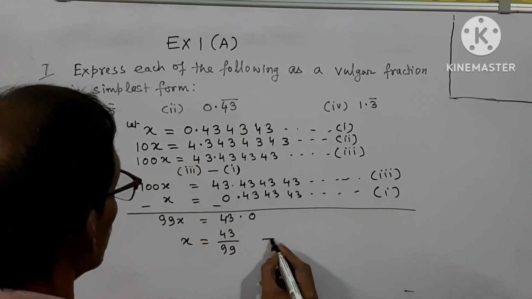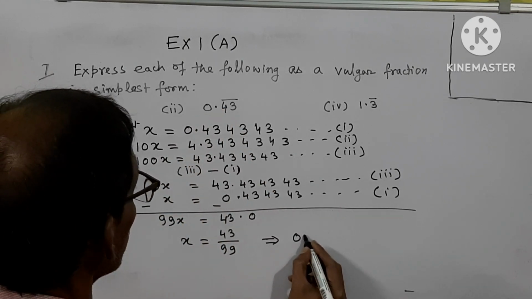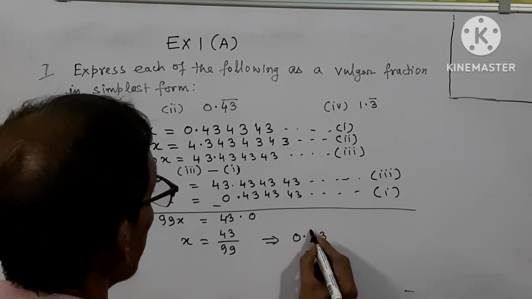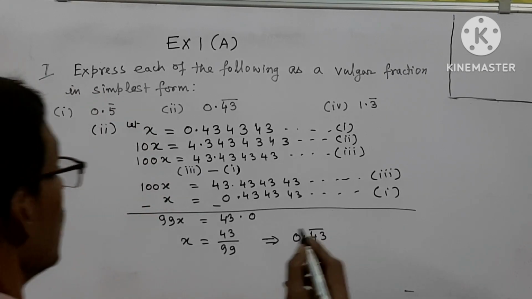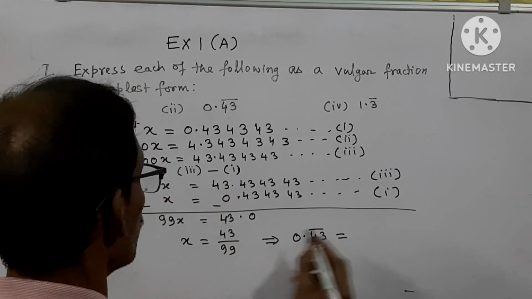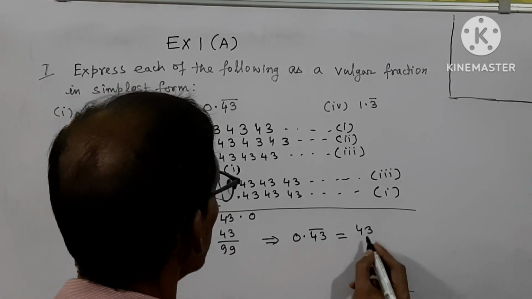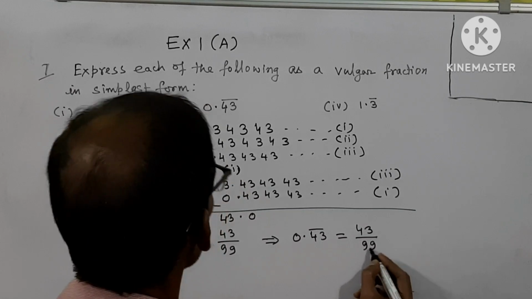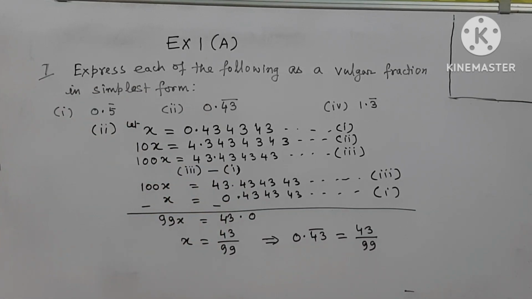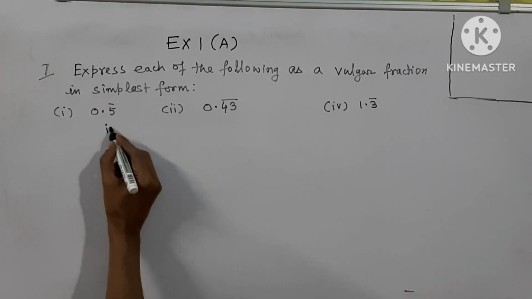So you understood 0.43 with bar over 43 is converted to 43 by 99, which is a vulgar fraction in simplest form.